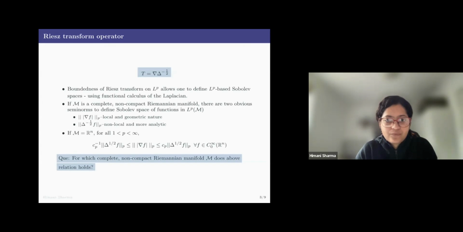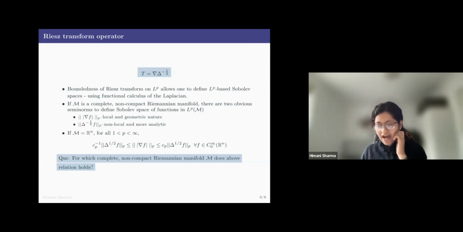If we take P equal to 2, then we have the equality throughout. And if P is not equal to 2, then getting such a relation for M is not at all trivial.